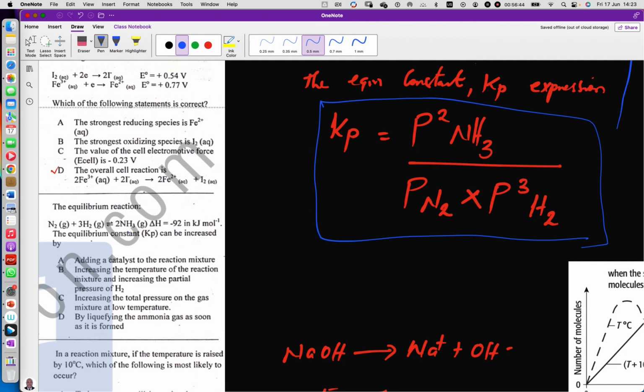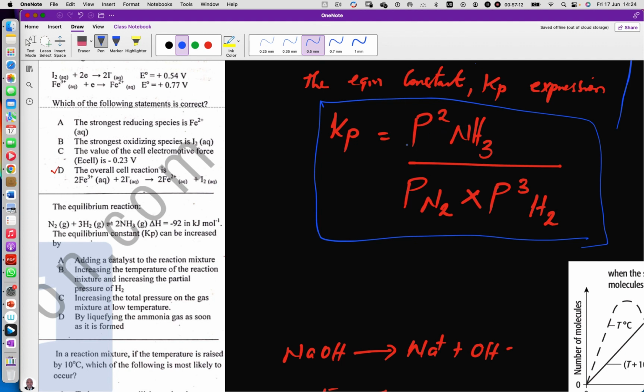So if we increase the pressure, according to Le Chatelier's principle, equilibrium will shift to the right to lower the pressure. And if equilibrium shifts to the right, more ammonia is going to be produced.